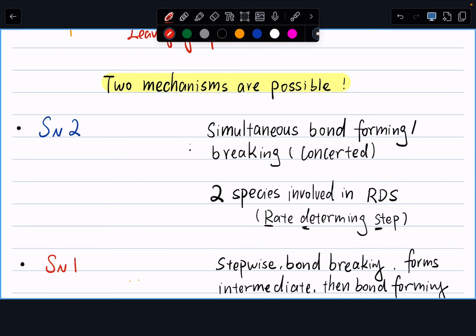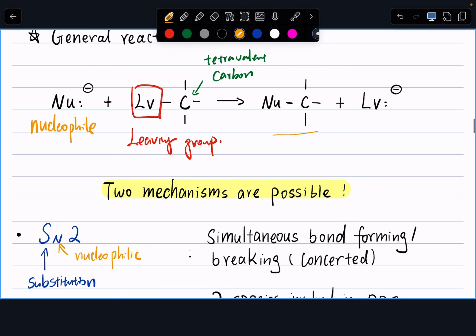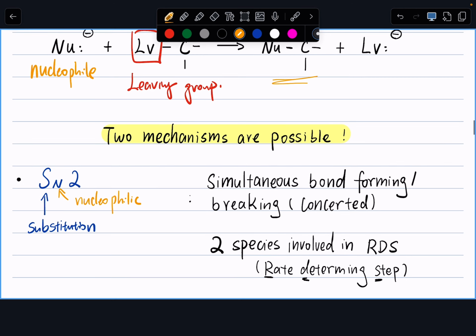The S stands for substitution. N stands for nucleophilic. Taken together, the SN tells us this is a nucleophilic substitution reaction with the general reaction scheme shown above. And then this 2 here is of particular interest.